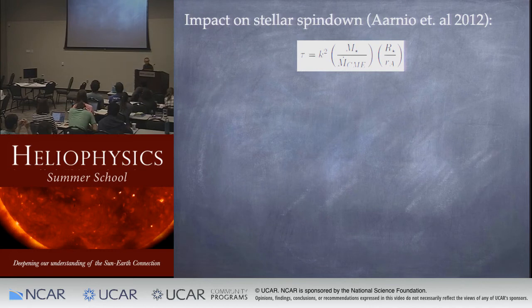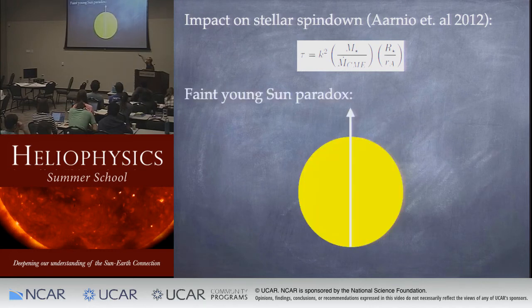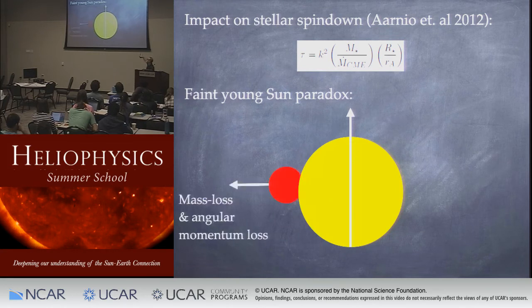So what if these CMEs can go from the equator or from the pole? If they go from the equator, it's an efficient mechanism, and the mass loss rate is significant. This is an efficient mechanism to take both mass and angular momentum. So the star will lose mass, but it will also slow down quickly. So both of these rates will be high at younger ages.